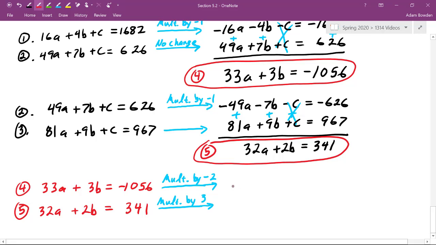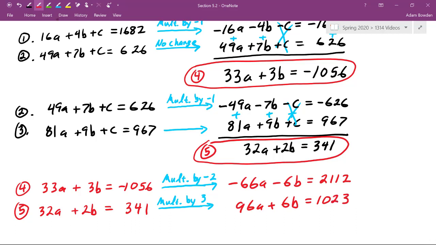So what we'll get here is negative 66a minus 6b equals 2,112. Down here we'll have 96a plus 6b equal to 1,023. We made one of the b's a negative 6 and the other a positive 6, so they'll cancel out.